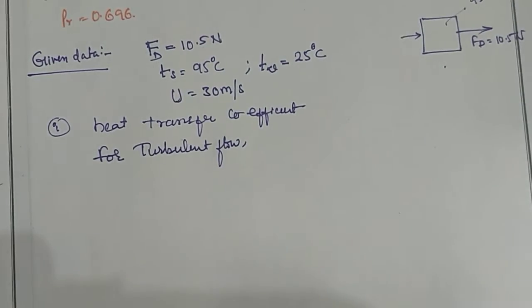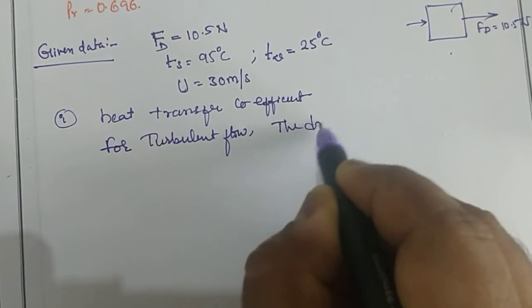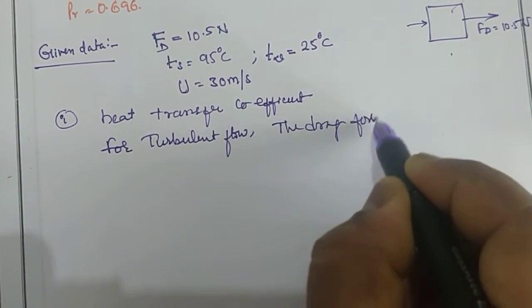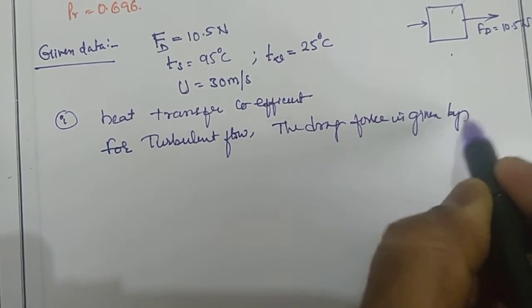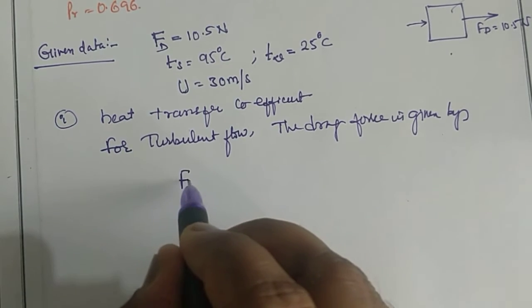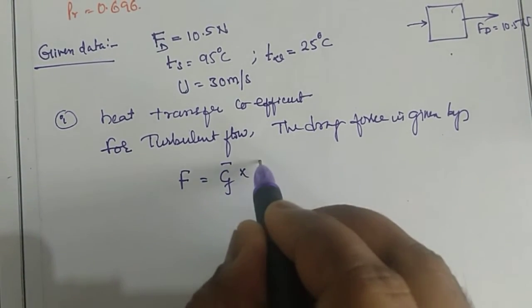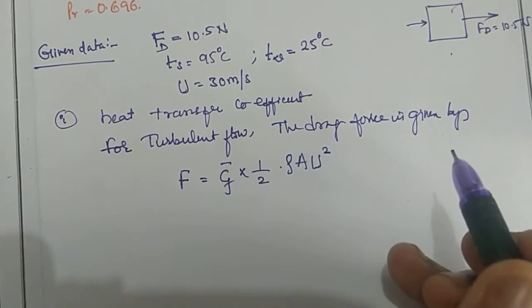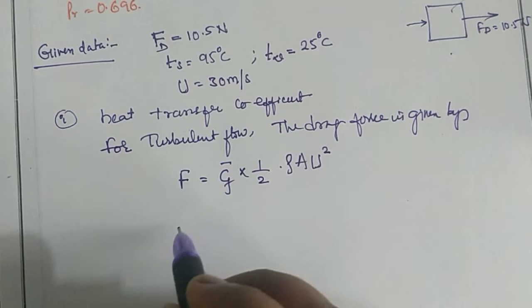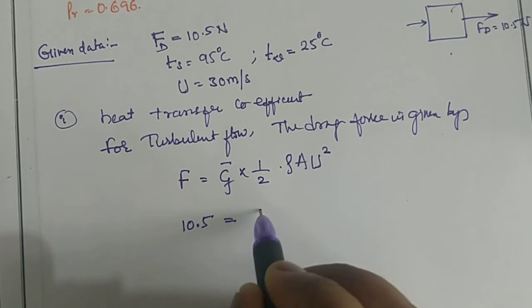The drag force for turbulent flow is given by F is equal to Cf into half of rho A U square. Your drag force is already given, 10.5 Newton is equal to Cf.